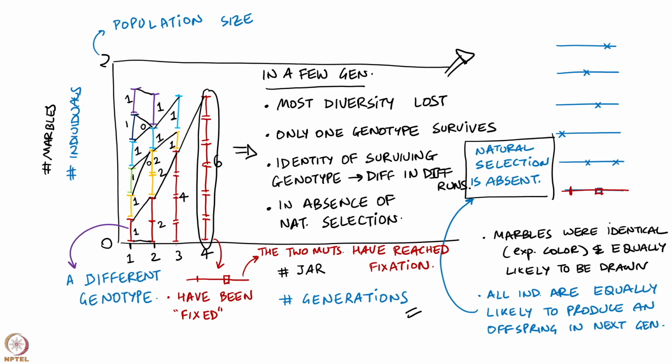One is, what is the probability that the color, or the genotype, that got fixed, let us not say was, let us say is, yellow or orange, is orange.